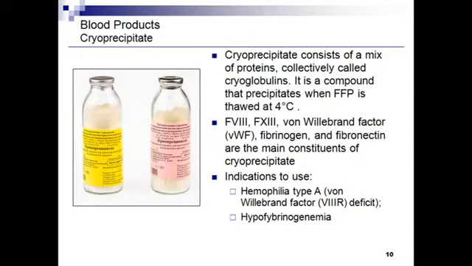Cryo Precipitate consists of factor 8, factor 13, von Willebrand factor, fibrinogen, and fibronectin. Indications for its use are hemophilia type A or hypofibrinogenemia. Cryo Precipitate is a remedy for treatment of coagulopathy, continuous bleeding due to hypocoagulation of blood.